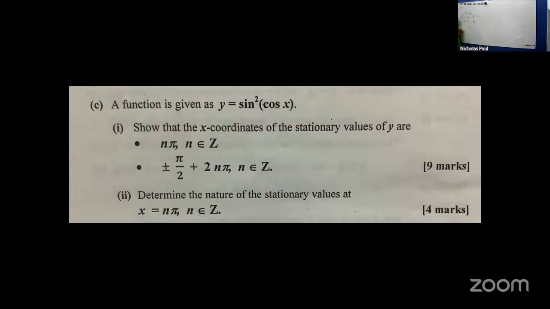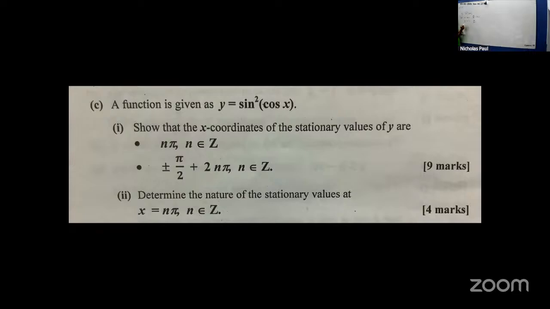Yeah, you can do that. What's the next way to work this out? Let w equal sine u, and then what? 2 sine u cos u.